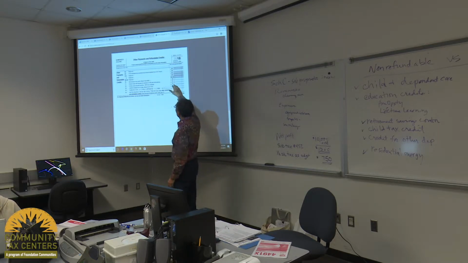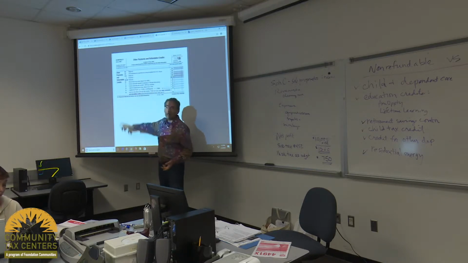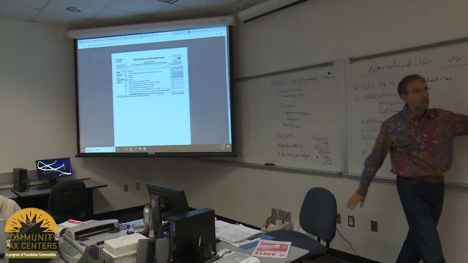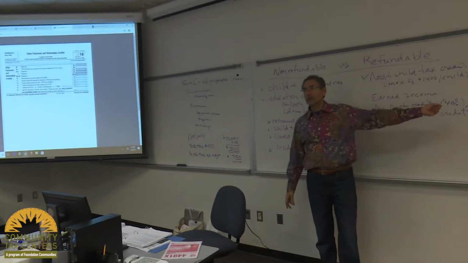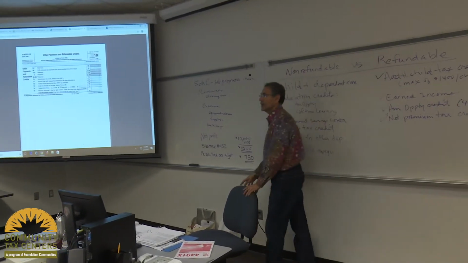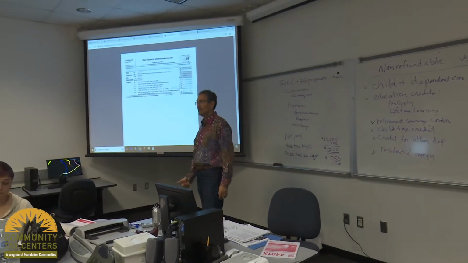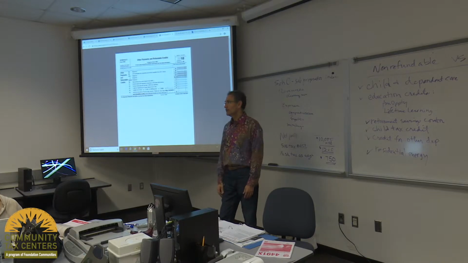And then also other prepayments or refundable credits is the net premium tax credit, and we've already talked about that one. That's where you are due additional subsidy. You bought your health insurance through the marketplace, you got that monthly subsidy, and because you made less than you told them you were going to make, you got more credit.